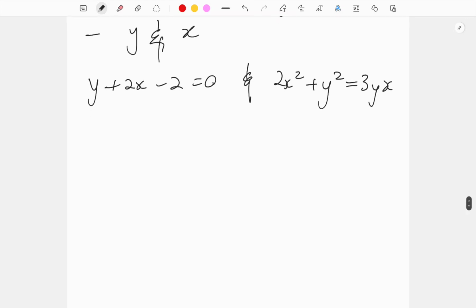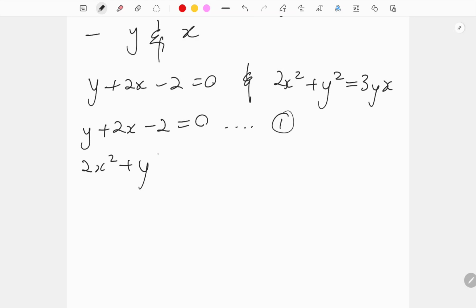So step number one: we have this equation, y plus 2x minus 2 equals 0, and you name it equation 1, and then 2x squared plus y squared equals 3yx, and you name it equation 2.